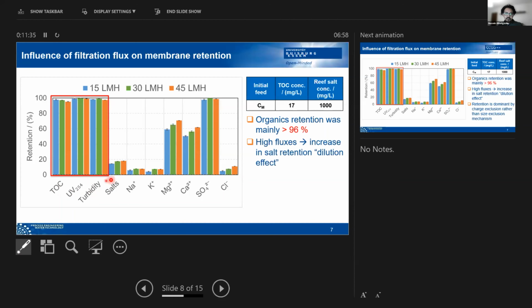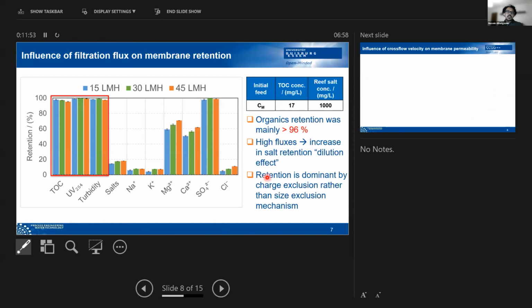However, for the retention of the salts, if we focus here mainly on the magnesium and the calcium, you will see that at the higher fluxes the increase in the salt retention is mainly due to the solution diffusion model, or let's say the diffusion effect. So that concludes that the retention is mainly dominated by charge exclusion rather than size exclusion.